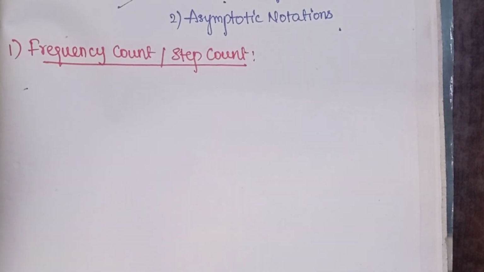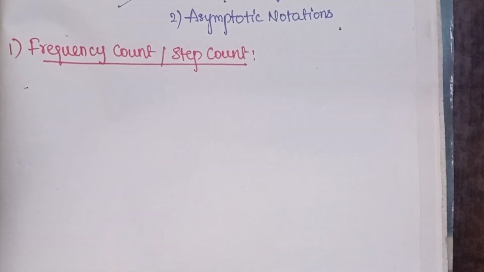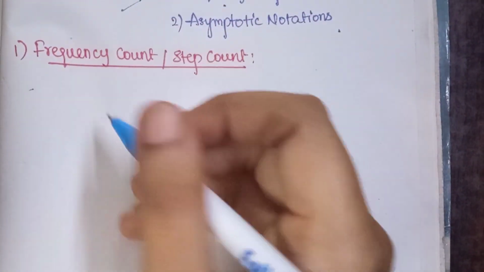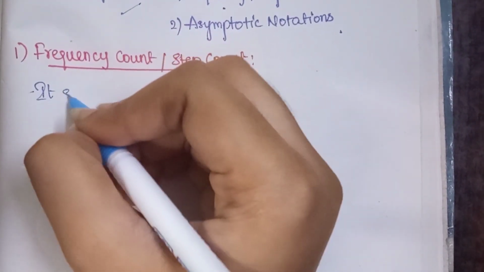So what is meant by the frequency count or step count method? It specifies the number of times a statement is to be executed.